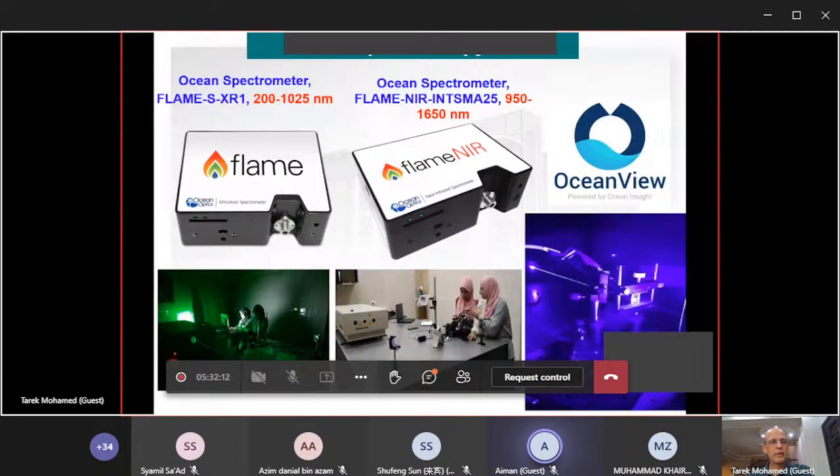Then we have some spectrometers for doing laser spectroscopy, like laser-induced breakdown spectroscopy and laser-induced fluorescence spectroscopy. We have 2 spectrometers that could cover from 200 to 1,650 nanometer.